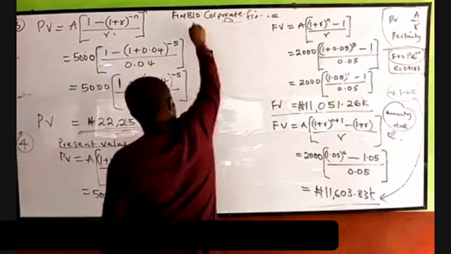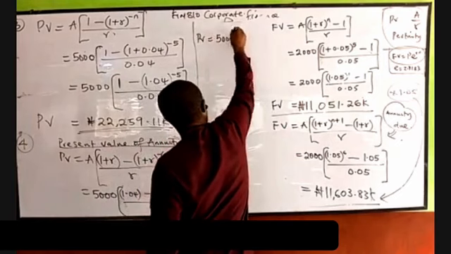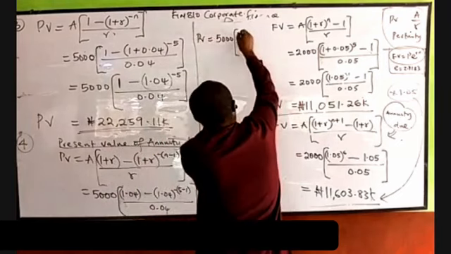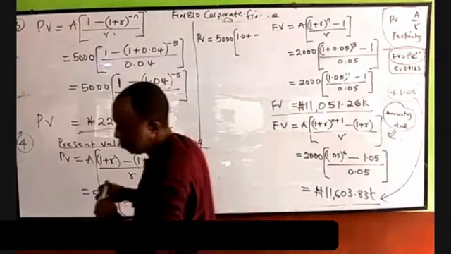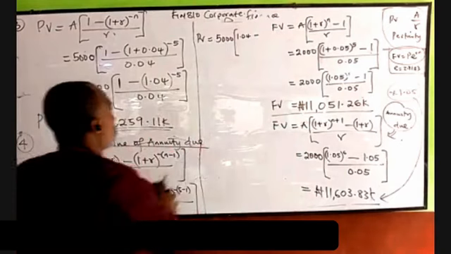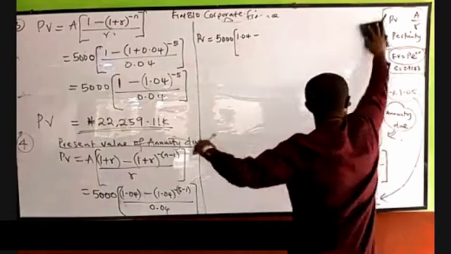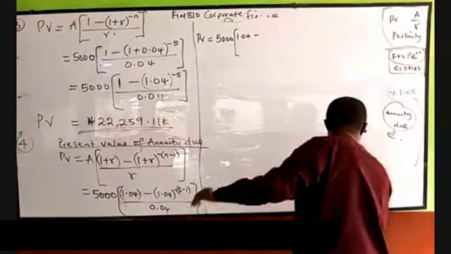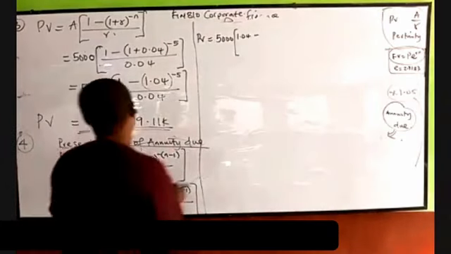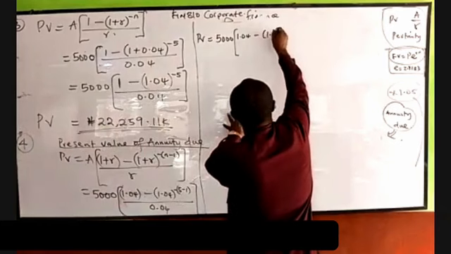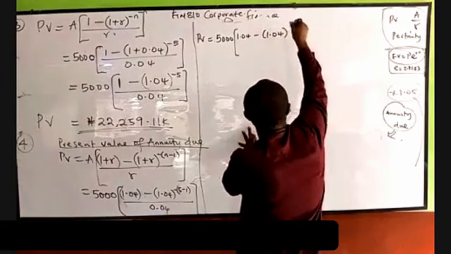So this one can also be interpreted back like this. Present value is 5,000 into 1.04, all raised to power minus 4.